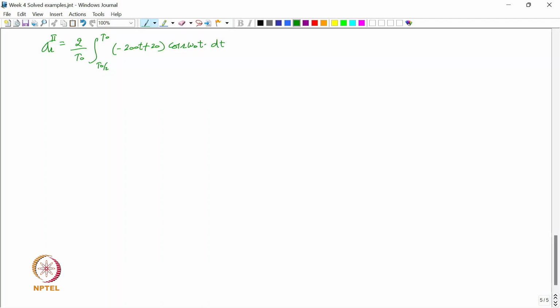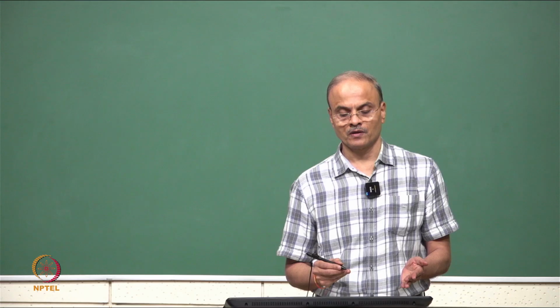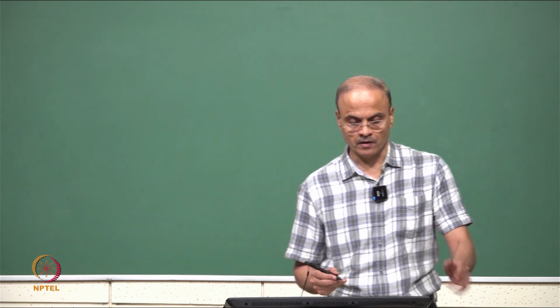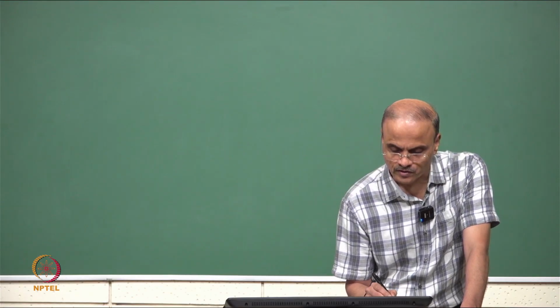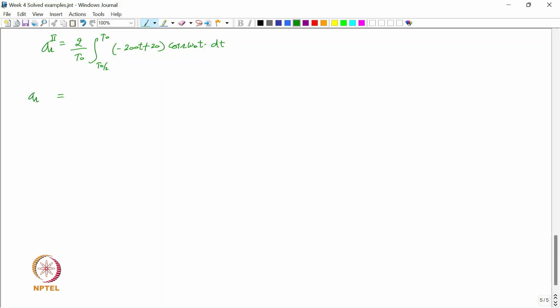So this also you can proceed in the same manner, perform integration by parts, and then you can easily get this result, which I am going to write now. A r 2 would be minus 400 upon t naught r square omega naught square, cos 2 pi r minus cos pi r. So this is the result for the second integral.